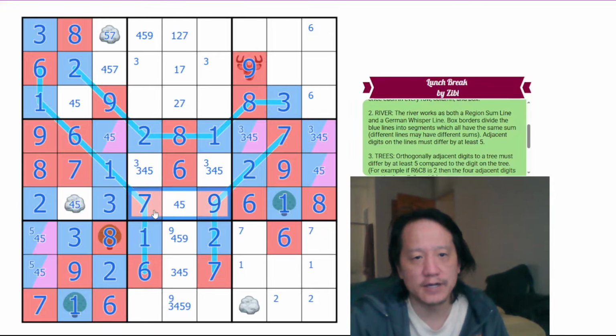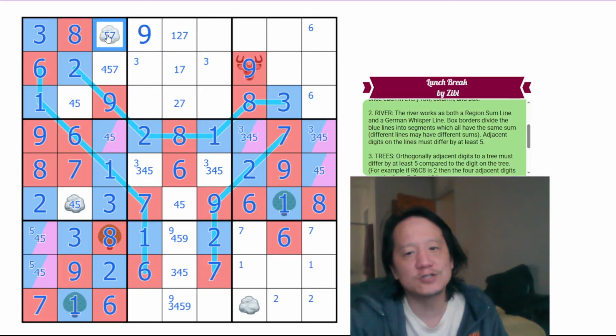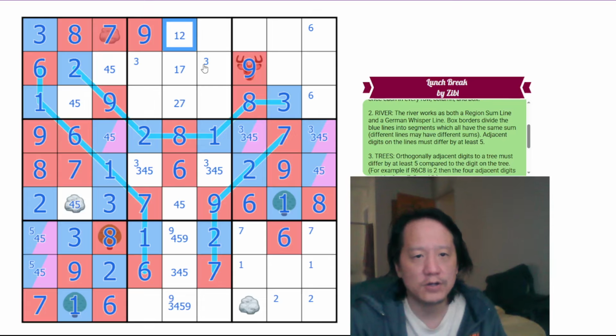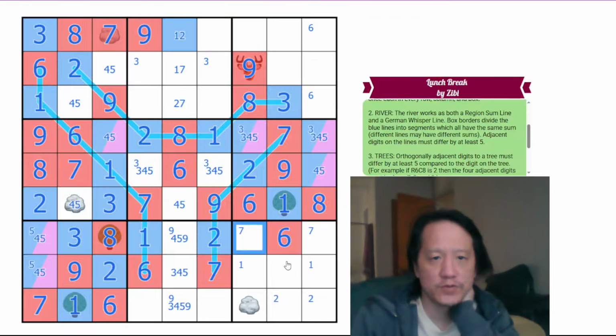This eliminates 9 here, and we have a 9 in the row here and a 9 in the row here, so this must be 9. 5 is not 3 or less away from 9, so this must be 7, which means this can't be 7 here. These are both high. This can no longer be 7 here. That doesn't tell us much. This is a low, guaranteed. It's 1 or 2.